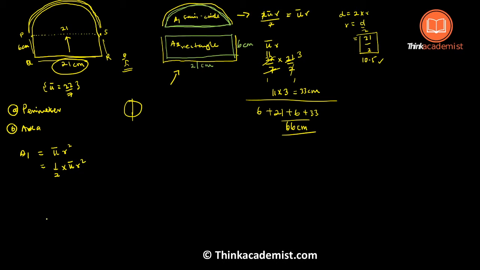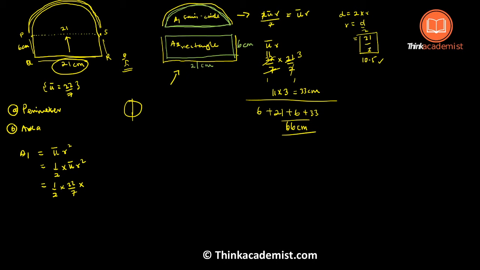That is the formula we are going to be using. So the formula for semicircle is just slashing the formula into 2. How do you slash into 2? By multiplying it by a half. And then we are going to go ahead, taking our pi to be 22/7. So half times 22/7 times, we've established our radius is what?